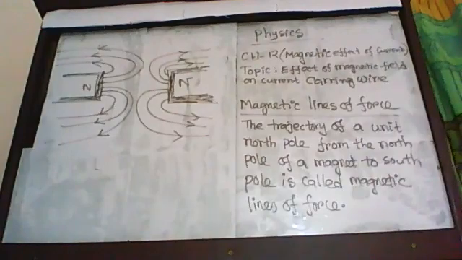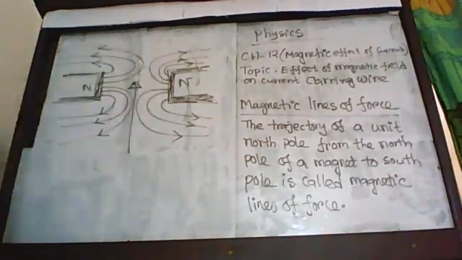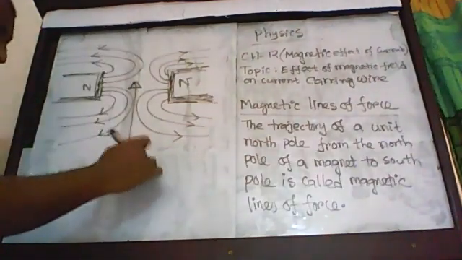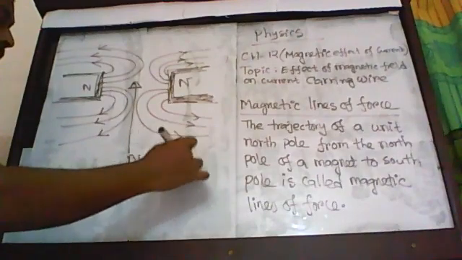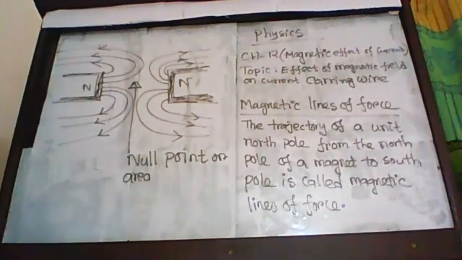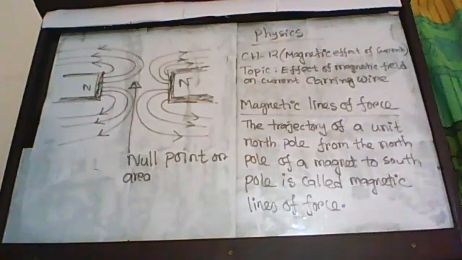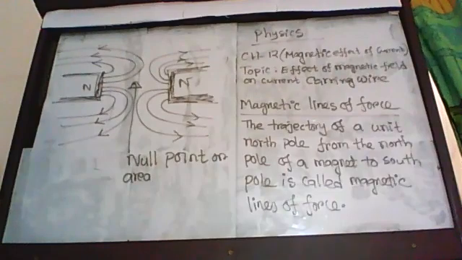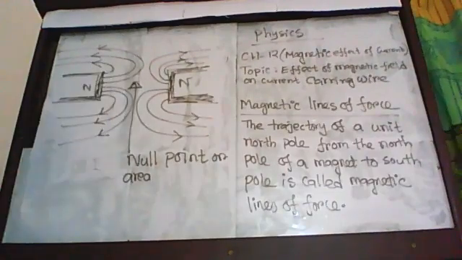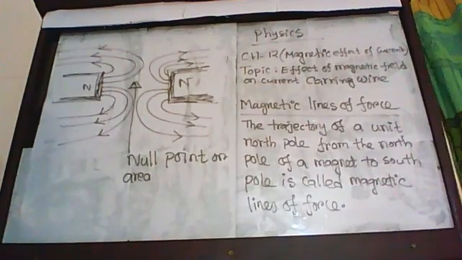This area is called the null point or area. Inside this area, no influence of the magnetic field takes place. This area is free from any kind of magnetic interaction.